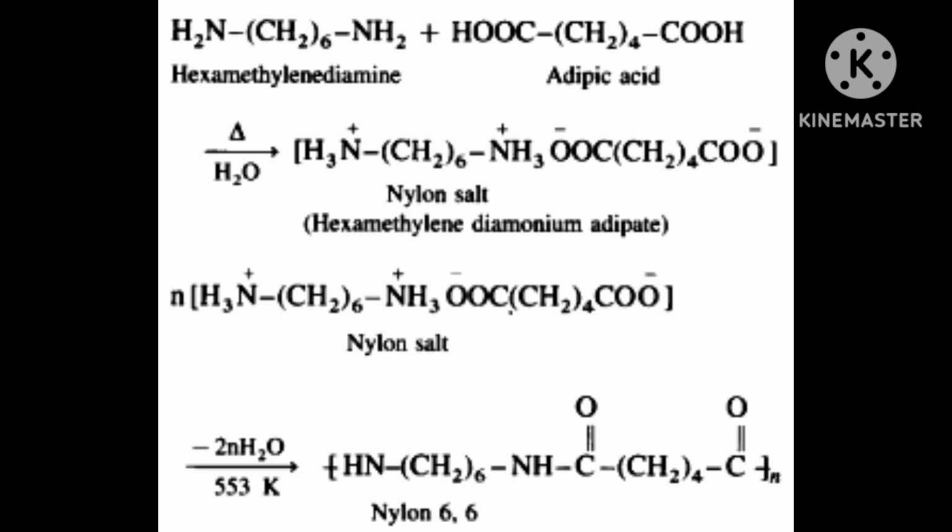You remember, this is new for you. Caprolactam with water at high temperature. Okay, without knowing the caprolactam, you can't make nylon 6. Caprolactam, how will you write? Then you can write it easily. Actually, this is the ring.